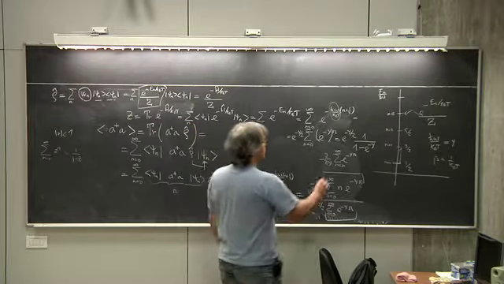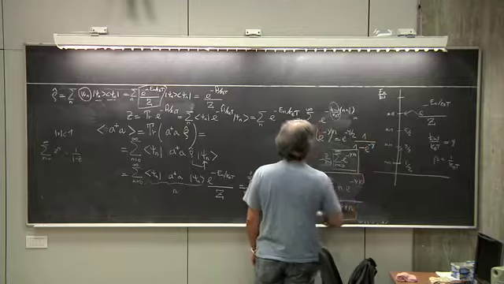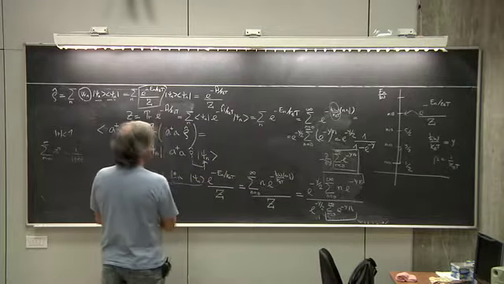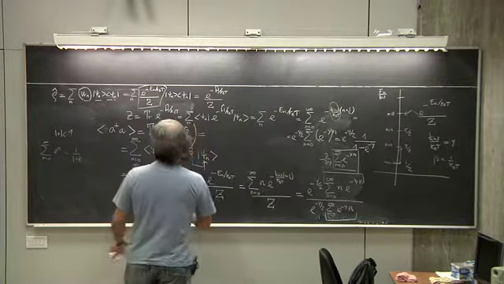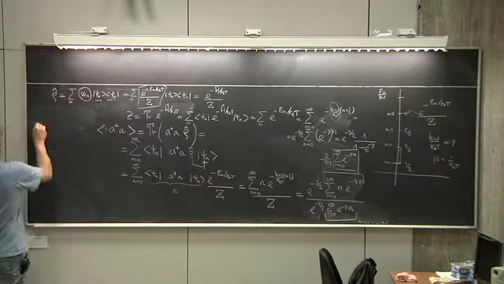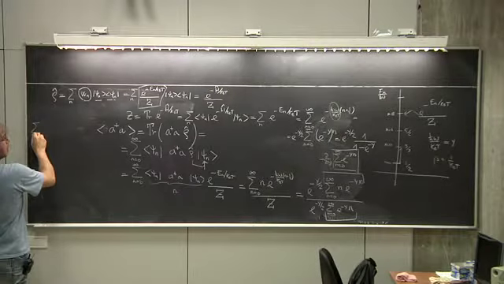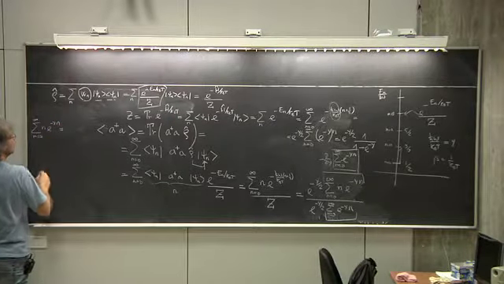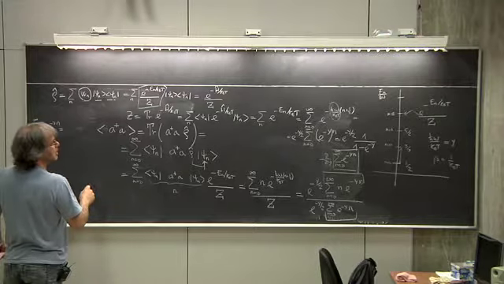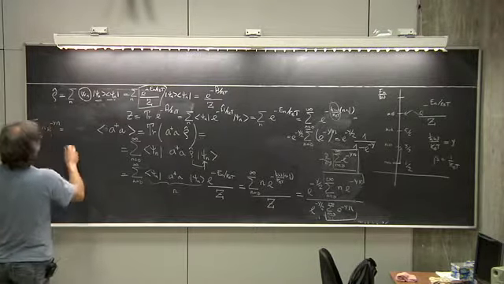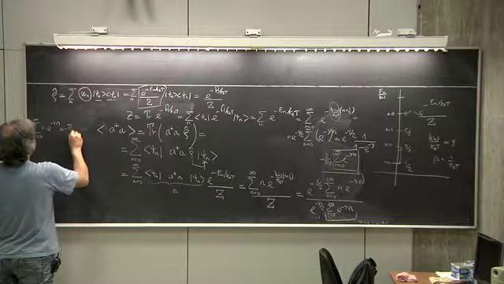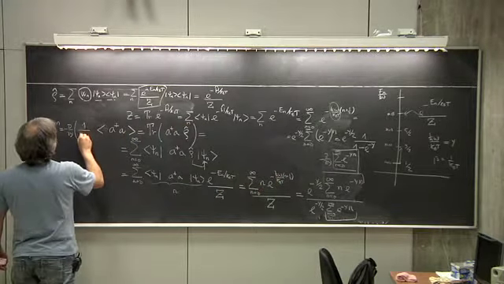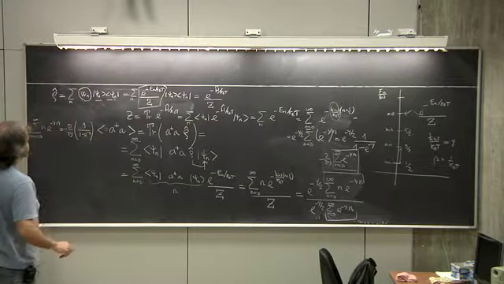Okay, so since I have just calculated this, I can now calculate the sum over n from 0 to infinity of n e to the minus y n, which is equal to minus the derivative with respect to y of the sum, which I calculated to be 1 over 1 minus e to the minus y. Okay?